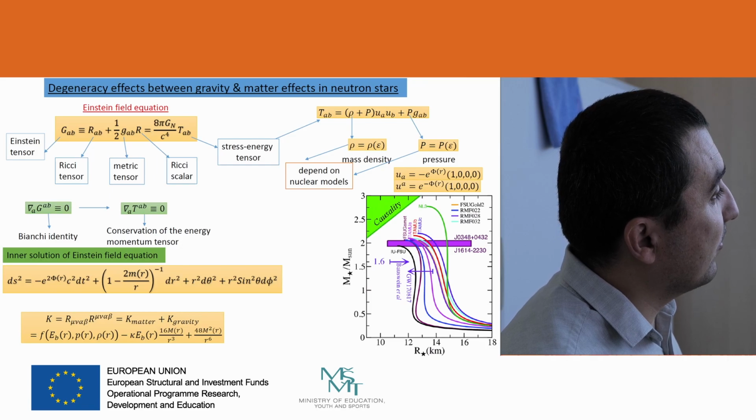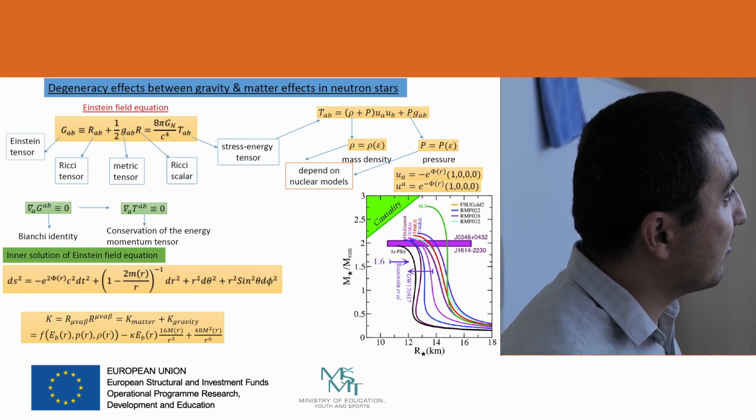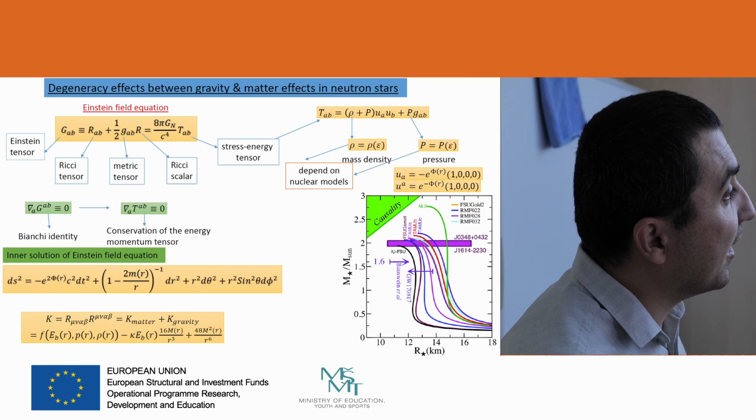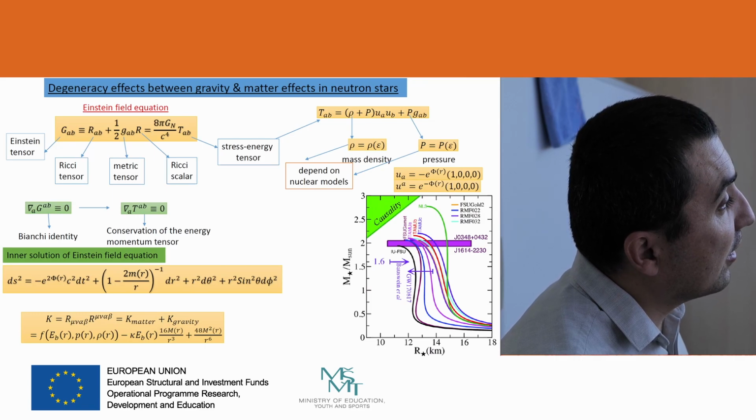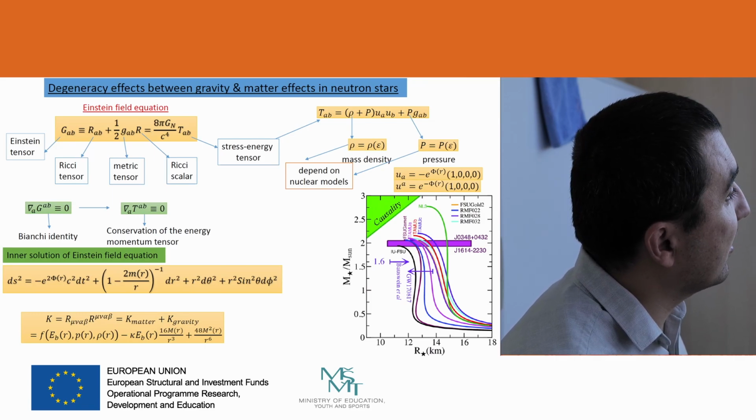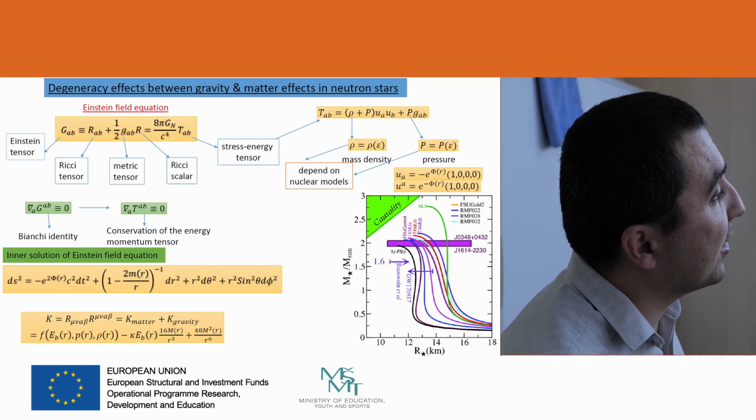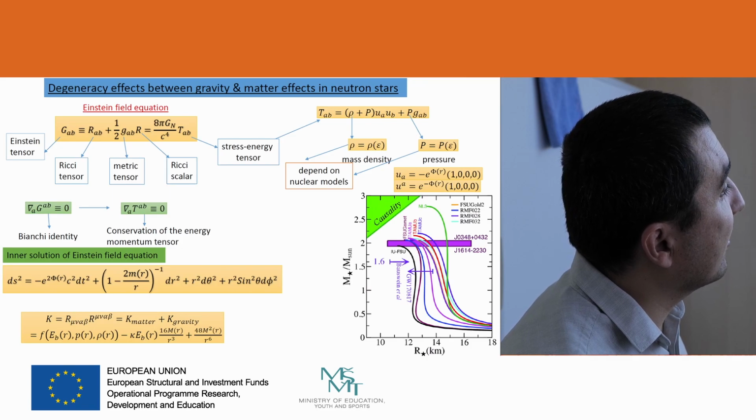This space-time Kretschmann scalar form comes from matter and gravity, and there is some coupling part, where the matter and the energy are coupled.